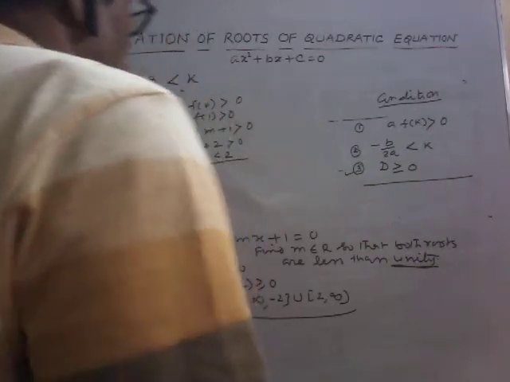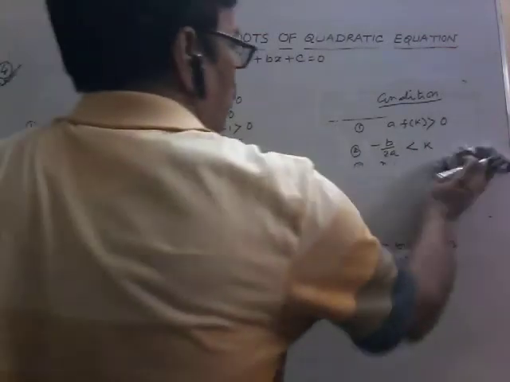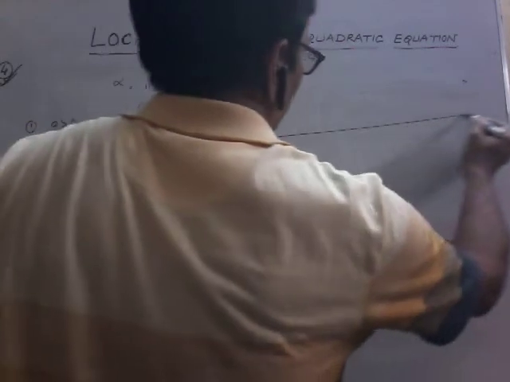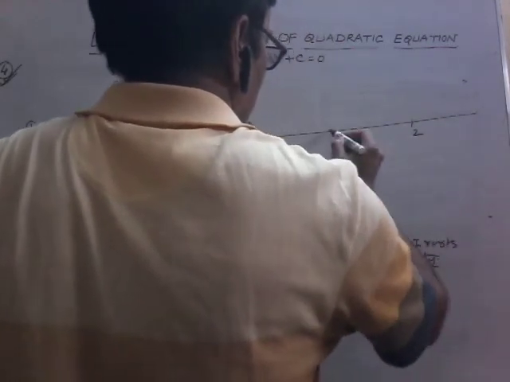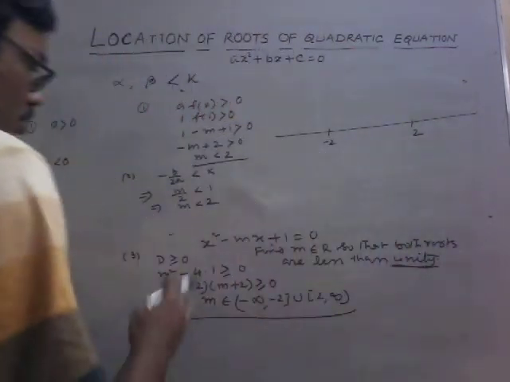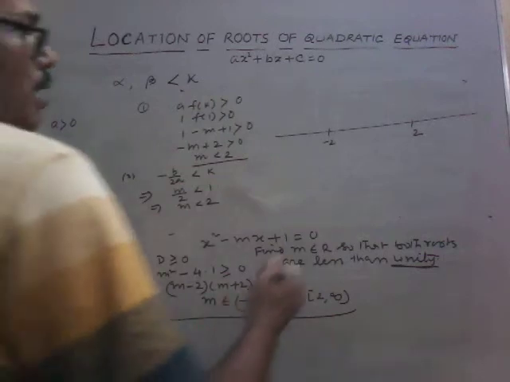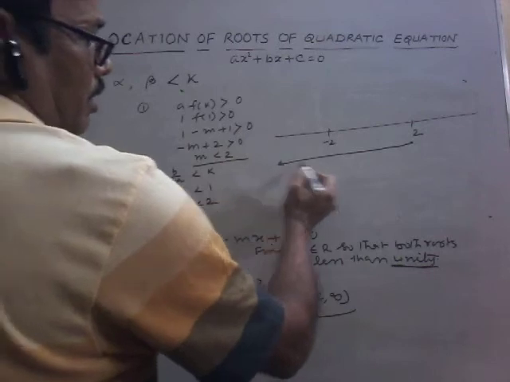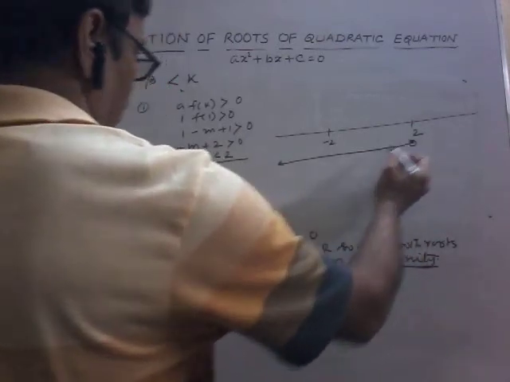So now we find the common part. What is the common part? We draw the figure for this. This is 2, this is minus 2. So m less than minus 2. The figure will be like that, not including.